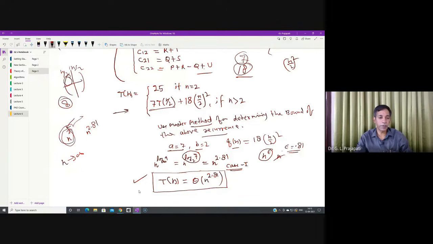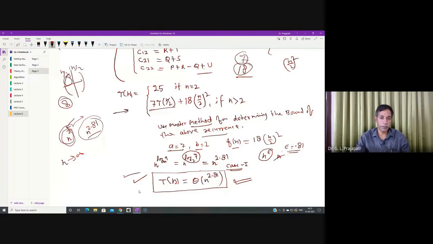If n tends to infinity, n cubed is sufficiently large as compared with n raised to the power 2.81. The rate of growth of n cubed is very large as compared with n raised to the power 2.81, and hence asymptotically Strassen's method is faster. So when n is sufficiently large, you go for the Strassen method for multiplying two matrices of size n by n, and this is the actual improvement.